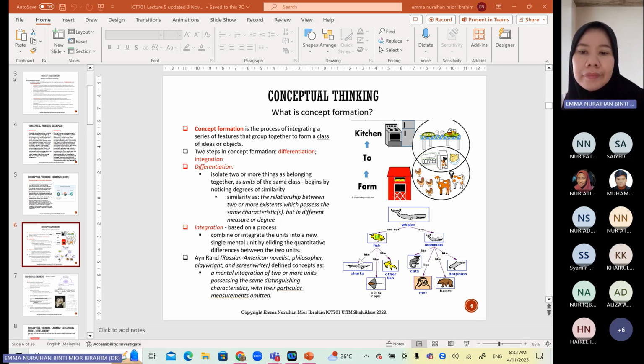As a programmer, as a designer of the system, you need to get this concept formation right, the taxonomy has to be correct.